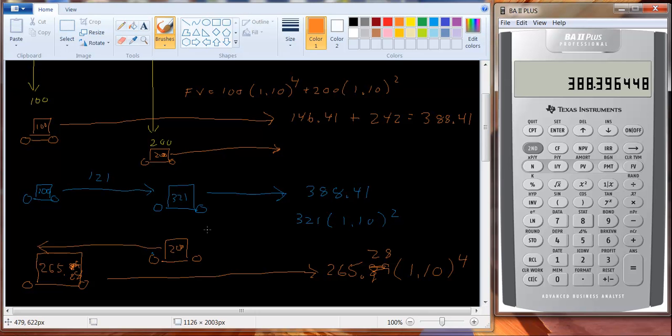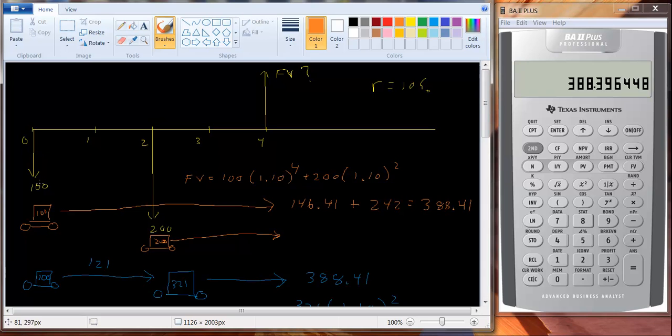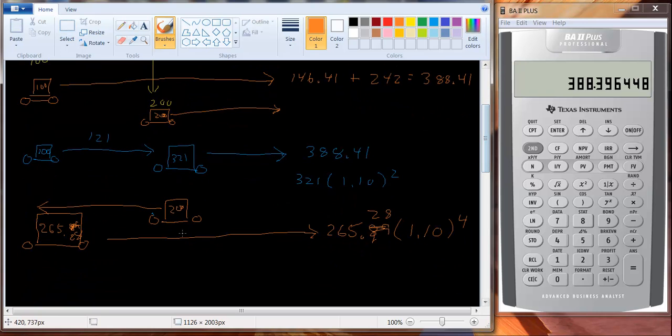So it doesn't really matter how you get where you're going, as long as everybody winds up in the same place. So as long as this 100 winds up here and this 200 winds up here, it doesn't matter if they both go separately, if the 100 picks up the 200 along the way and then they go together, or if the 200 goes back and picks up the 100 and then they go all the way together.